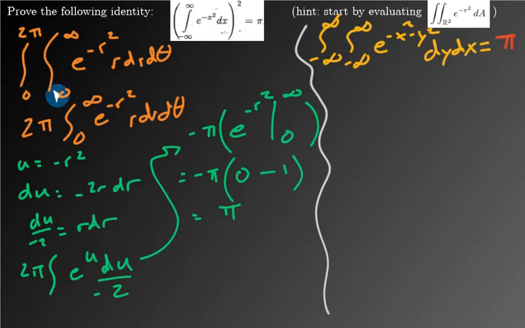Because this in polar is this in rectangular coordinates. So this equaling pi means that this has to be pi.